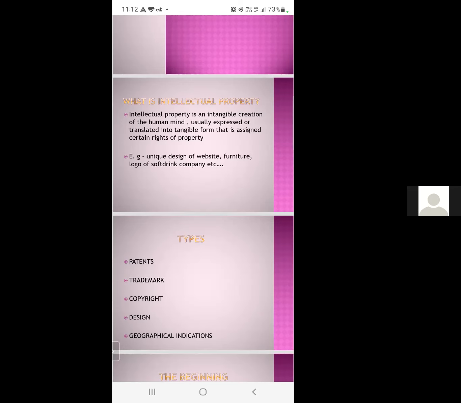Property can be immovable or movable. Immovable property is land, building, or anything which we can see and touch. Movable property includes even our bank accounts, which have their existence. That is the property we usually come across.